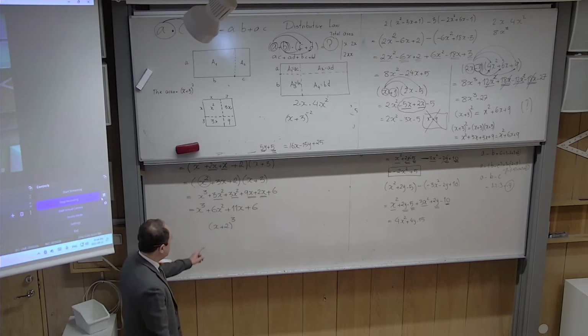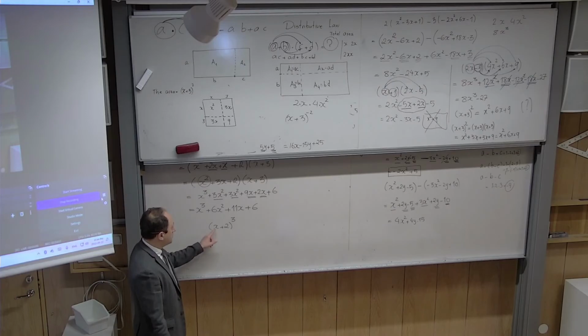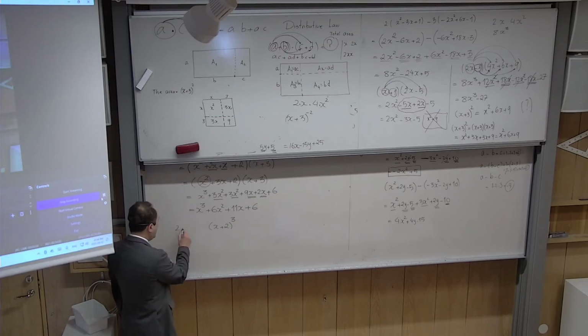If you see this, don't write x to the power of 3 plus 2 to the power of 3. Be careful. If I give you 2 times x and then to power 3, you are allowed to write 2 to power 3, which is 8, multiplied by x to power of 3. This is true.